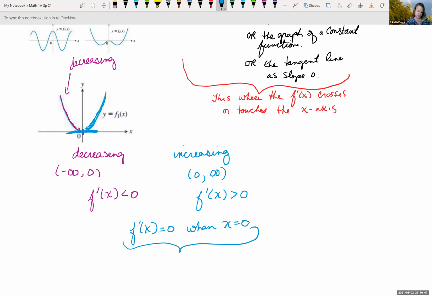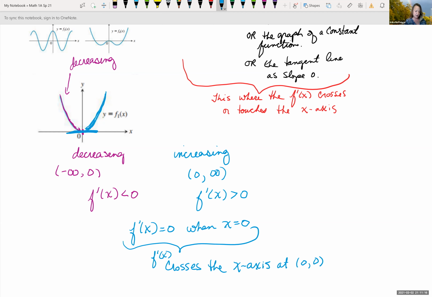My derivative function crosses the x-axis at 0, 0. So f prime of x crosses the x-axis at 0, 0, which makes sense if part of it's below the x-axis until we hit 0, and then above the x-axis after 0. Unless there's a jump in the graph, it's going to have to cross the x-axis at 0, 0.